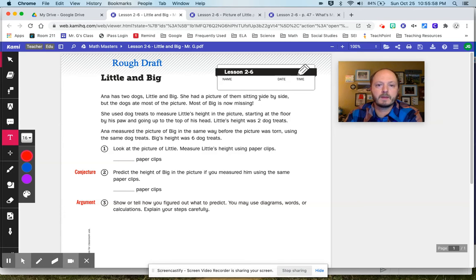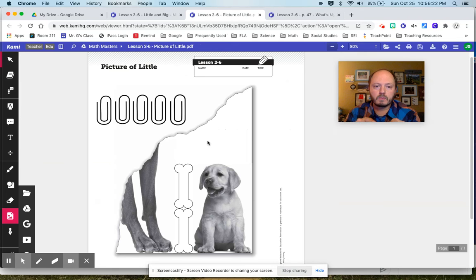So the next step is actually measuring with a different tool, not the dog treats, but paper clips. So now if I gave you a paper copy, I did give you all paper copies of this, and paper clips if you didn't have them. You can use the paper and pencil. You can also use, I made one that has some digital paper clips.